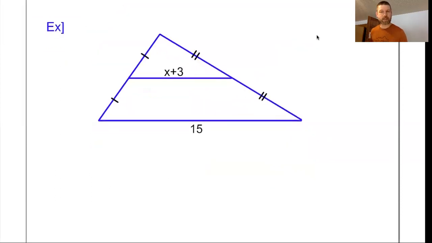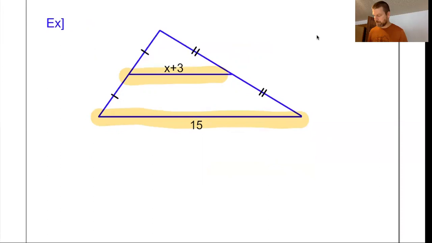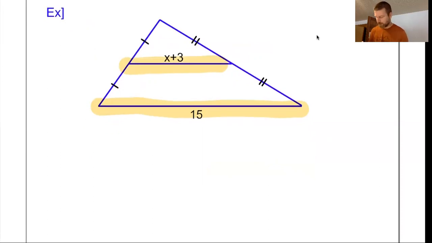All right, let's try another one. This time I've got some variables here. Again, it's a midsegment, so it's going to be half the length of this far side. If I wanted to figure out what x was, I could guess and test, but a little easier way would just be to write it. I know that x plus 3 should equal half of the 15. So the midsegment is half the far side.